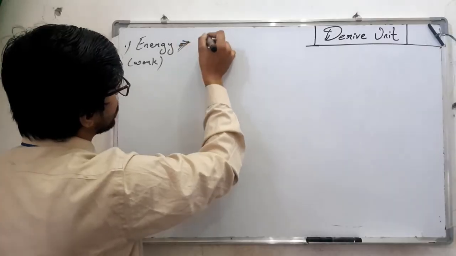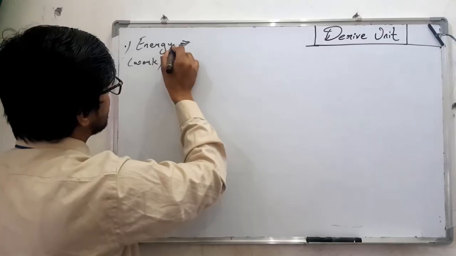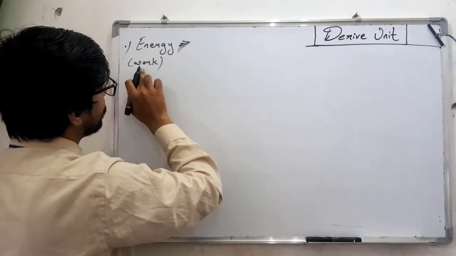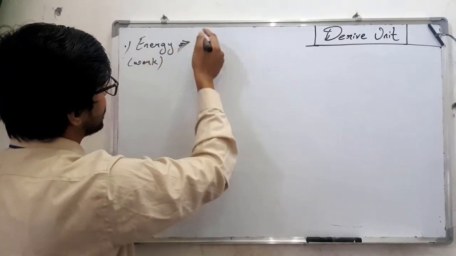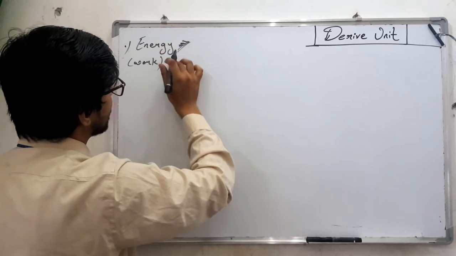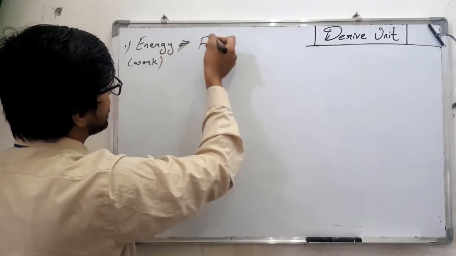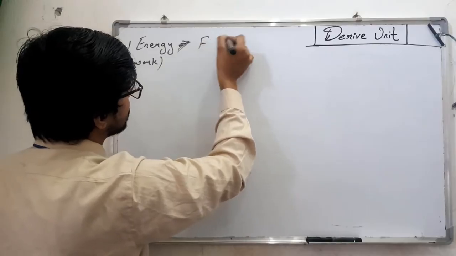So what is the formula of energy? There are so many formulas of energy. In the same way, work and energy are similar, so I can write the energy is the product of force times displacement.